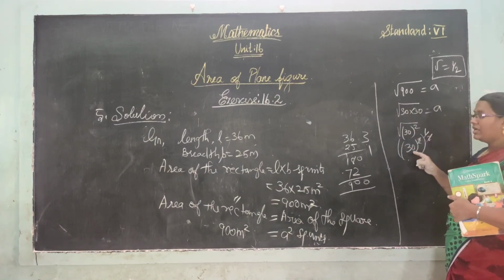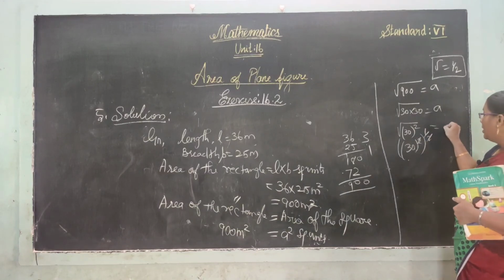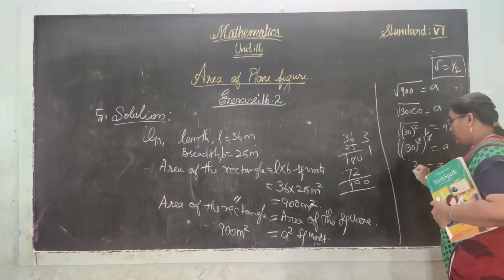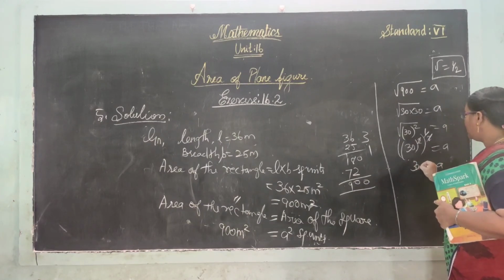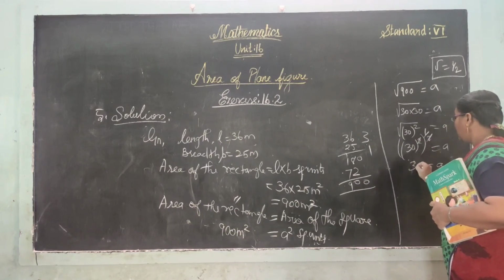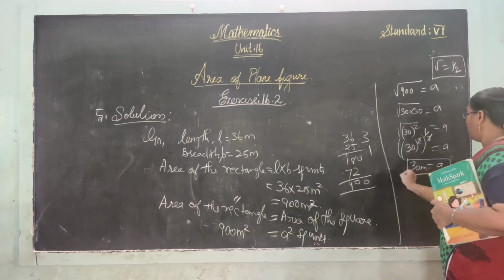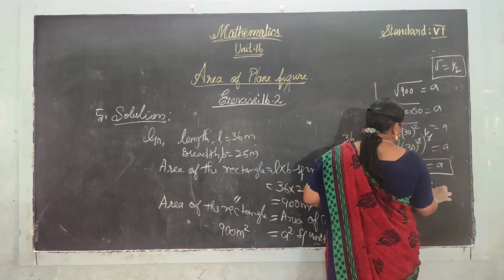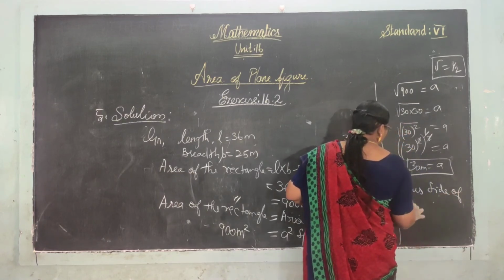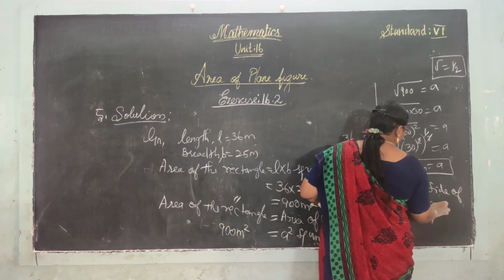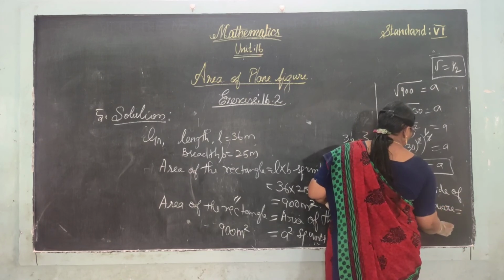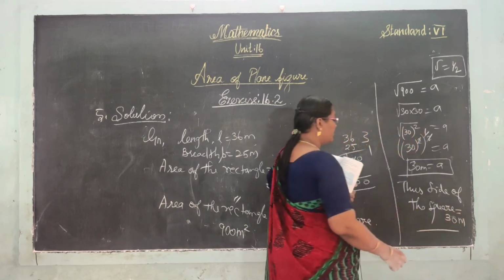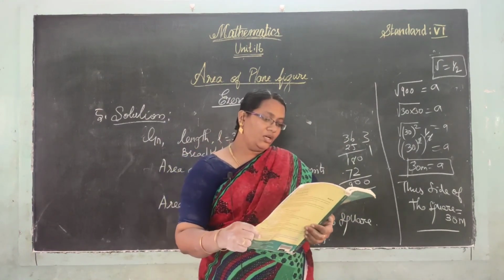For your understanding, I have briefly written it here. Okay, so A is equal to 30 meter. So thus the side of the square is equal to 30 meter. That's it.